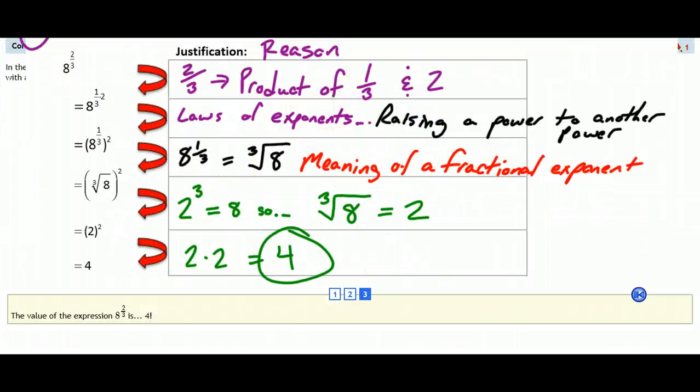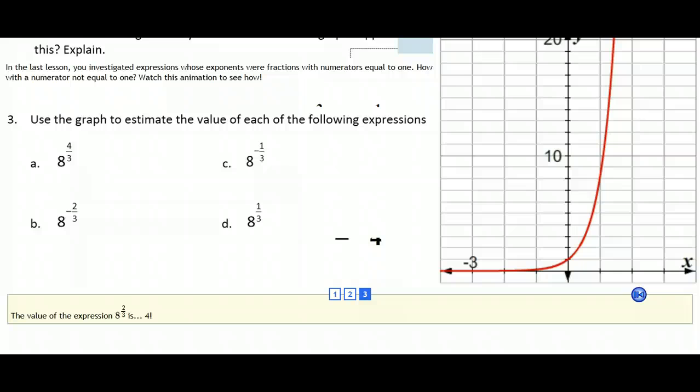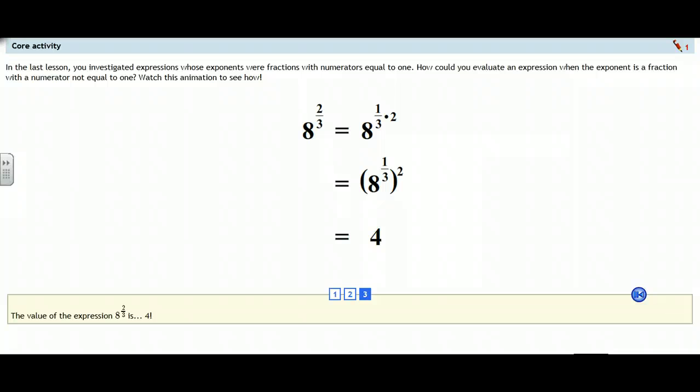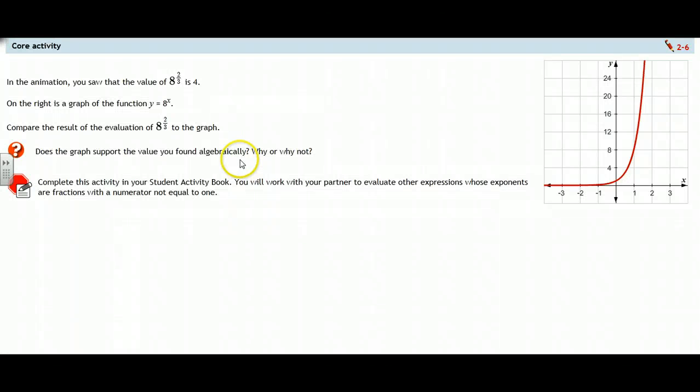All right, let's keep going here. Let's look at the next little set. In that animation, we saw that the value of 8 to the 2/3 really equaled 4. On the right is a graph of the function y equals 8 to the x.